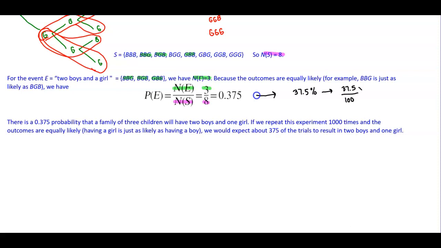Now, if we want to move this over one more decimal place, we have to multiply both the numerator and denominator by 10. And so therefore, we get 375 over 1,000. So that's how we're getting that last statement, meaning that there's 375 of the trials that will result in 2 boys and 1 girl out of the 1,000.